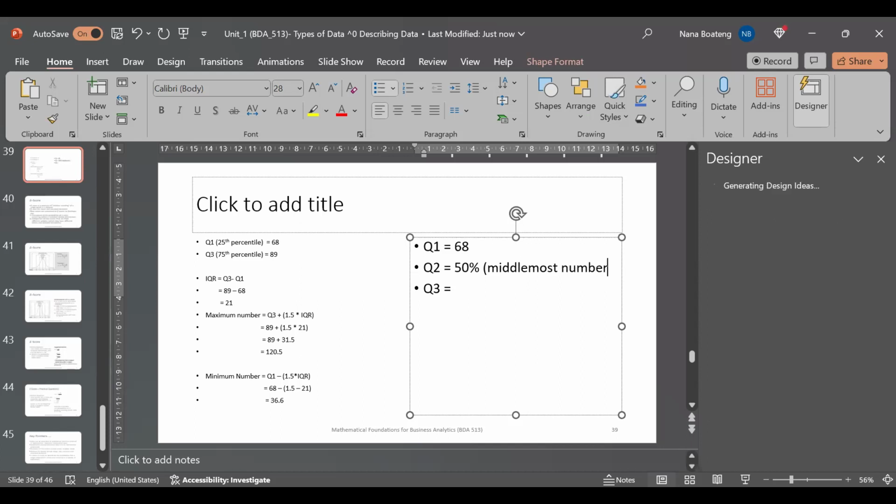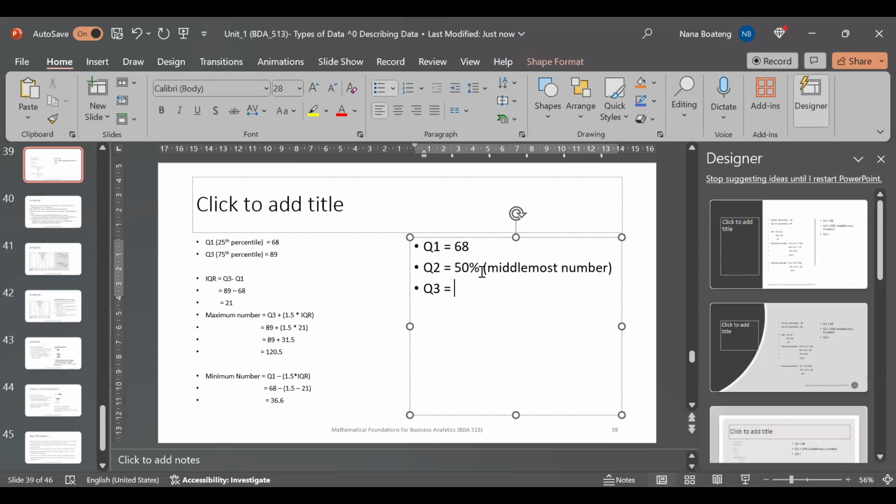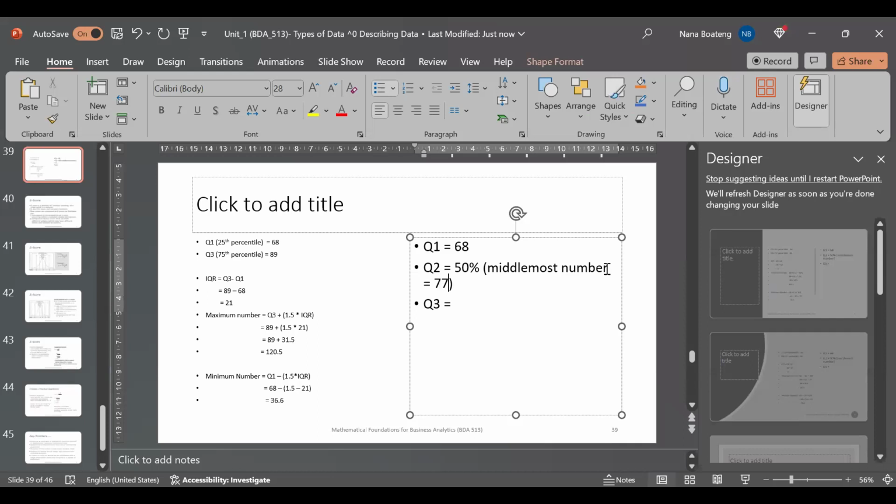Per the data set, I'll go back and then we check. So our Q3 here is 77, yes. So I was right. That is the middlemost number, 77. Okay, so our Q3 is 89.